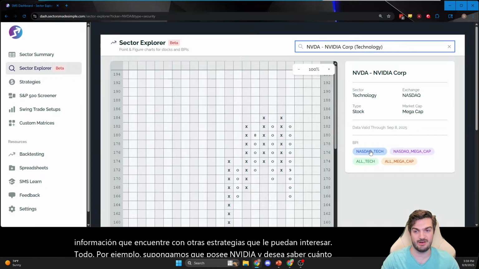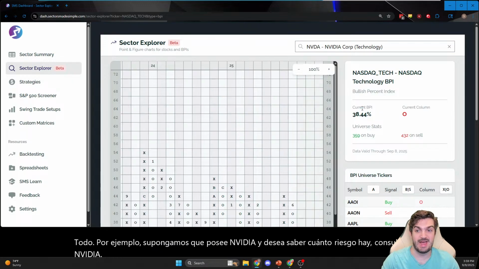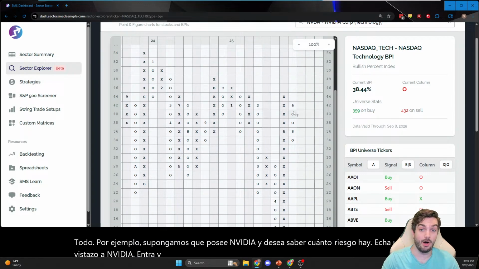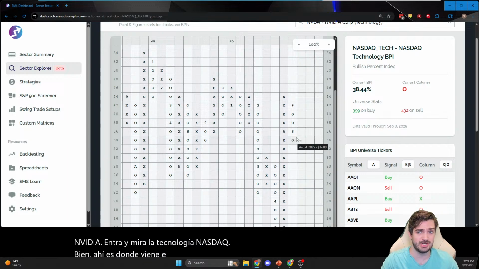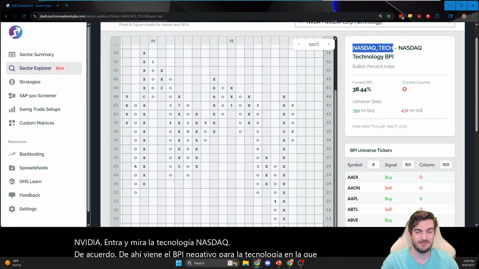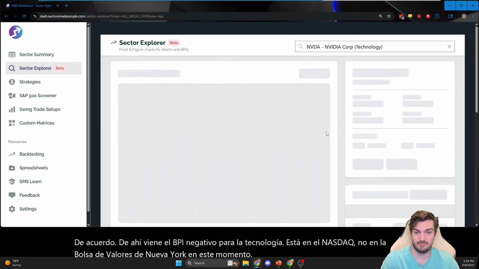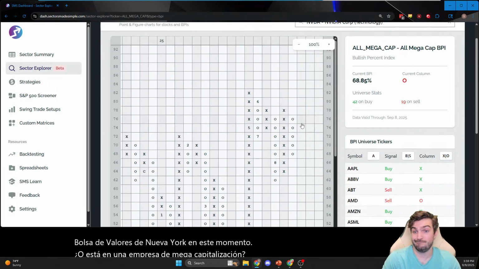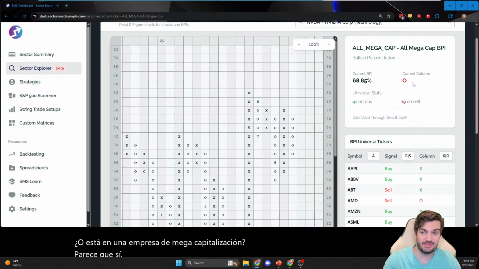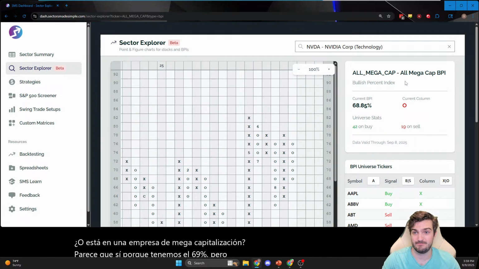Check out NVIDIA, go in and look at the NASDAQ tech. Oh, okay. That's where the negative BPI is coming from for technology. It's in the NASDAQ, not in the New York Stock Exchange right now. Or is it in mega cap companies? Well, it looks like it because we have 69%, but that number is going down.